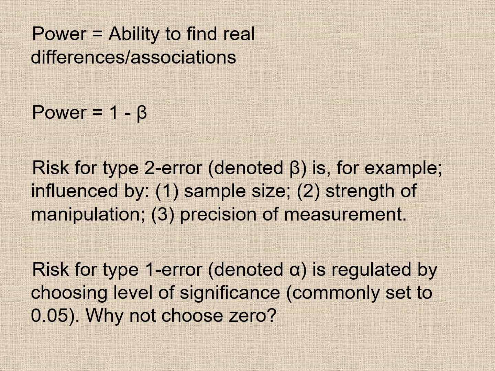So if you manipulate the intake of alcohol, but you only give your research group a very small amount of alcohol, then you probably won't find any effect of alcohol on the precision when throwing darts. So the strength of manipulation has an effect on the probability of finding a real effect that actually exists, and therefore it has an influence on the power of the study.